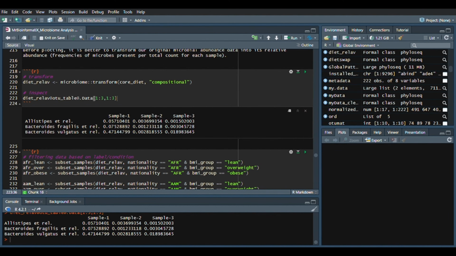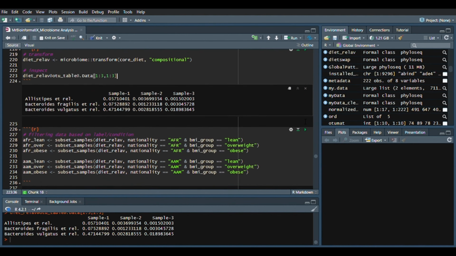Now let's filter our microbial abundance data to focus on specific groups based on nationality and BMI classification. By using the subset samples function, we will create distinct subsets for each BMI category within both groups, African American and African population.